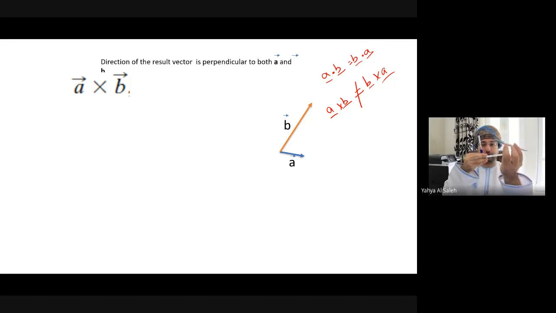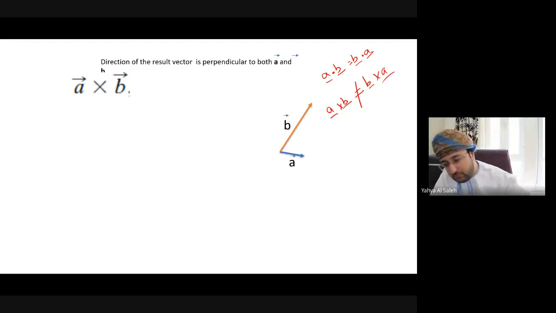And I told you that if I have these two vectors, this can be either this way or perpendicularly to the back. A cross B will be one direction. B cross A is going to be exactly the opposite. Okay? So if this is A cross B, this is B cross A. It's going to be in the opposite direction.